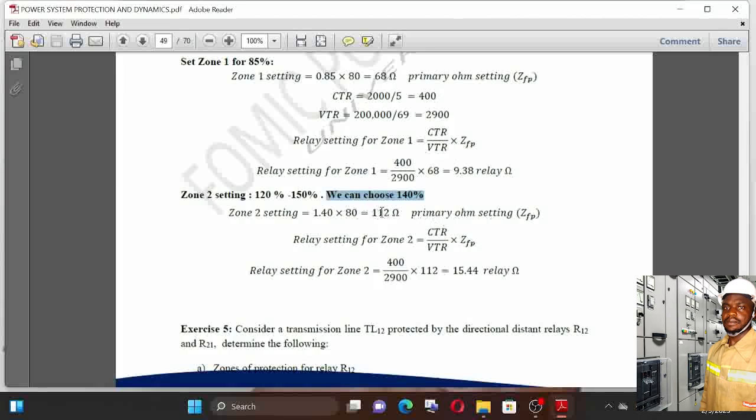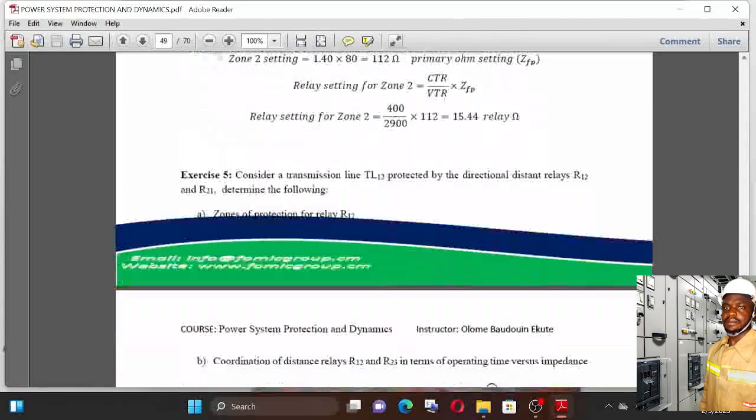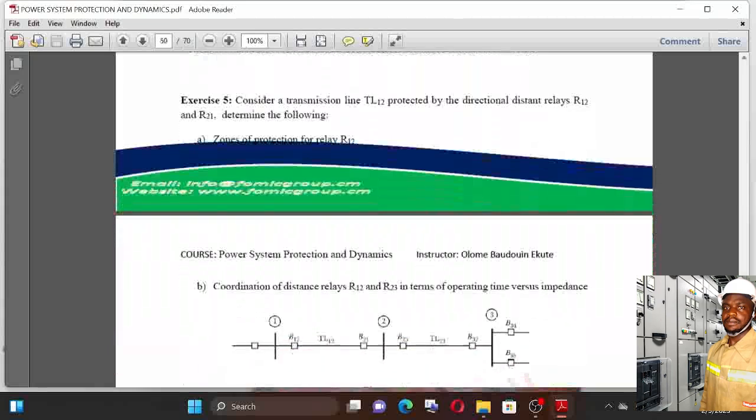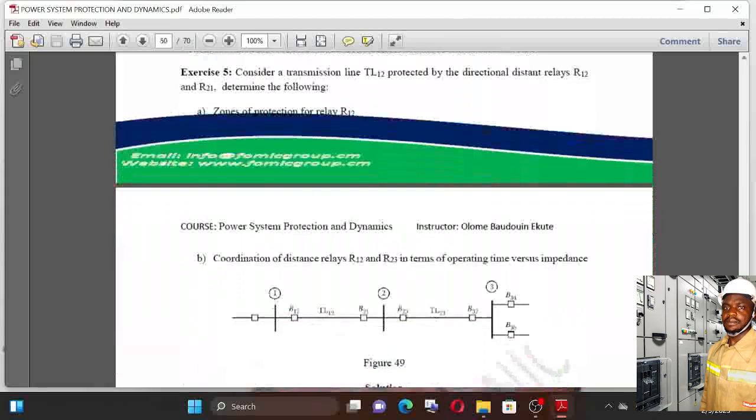So it gives us 112. Then we still utilize the current transformation ratio and the voltage transformation ratio times that 112, which gives us 12 point this. So that's the relay setting of zone 2, right? Simple. Okay, then you can look at exercise 5.